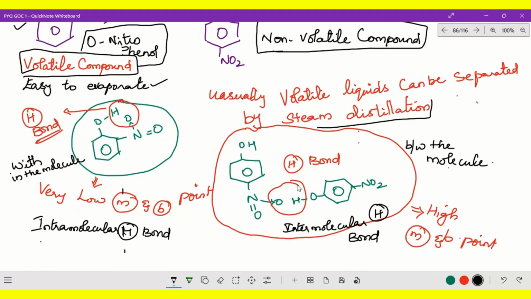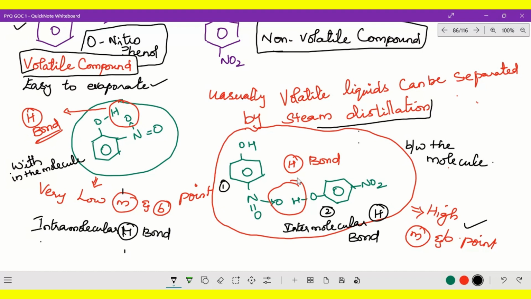between the molecules, see here one orthonitrophenol, another one, this is the first compound and this is the second compound, same compound only, but between these molecules there is a hydrogen force of attraction, so there is hydrogen bond formation, so that is intermolecular hydrogen bonding. Usually in intermolecular hydrogen bonding the force of attraction will be very strong, so definitely high melting and boiling points will be there, so you have to provide high temperature to break that bond.